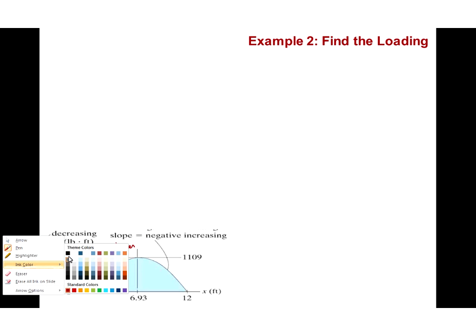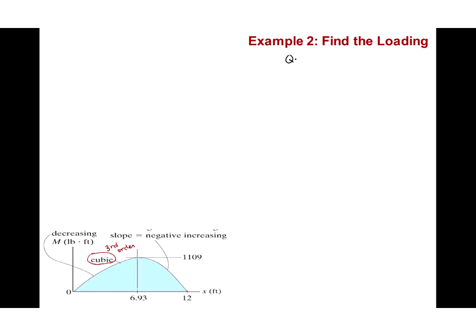And so qualitatively speaking, we know that if M is third order, then V must be one order less than that. So V must be second order. And if V is second order, the loading diagram W must be one order less than that, so it must be linear, first order.